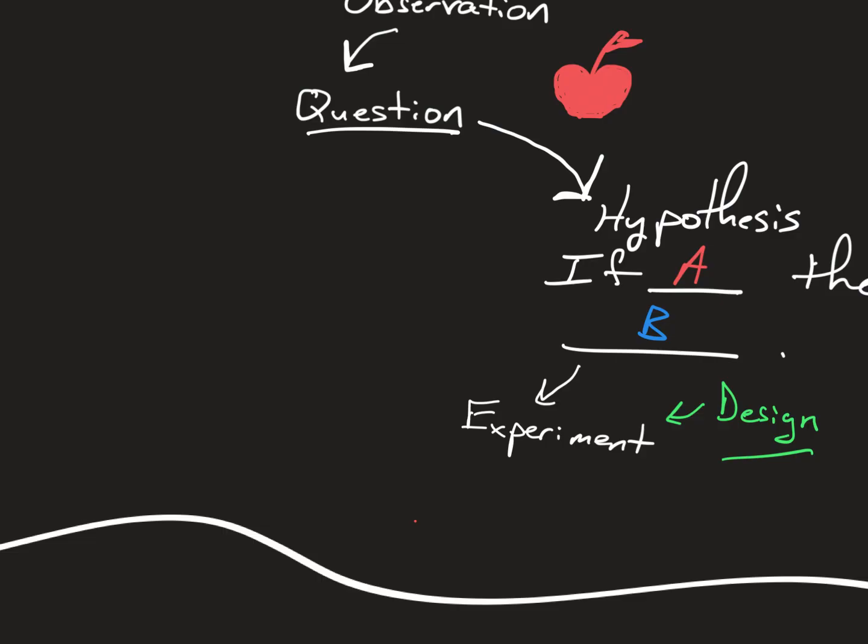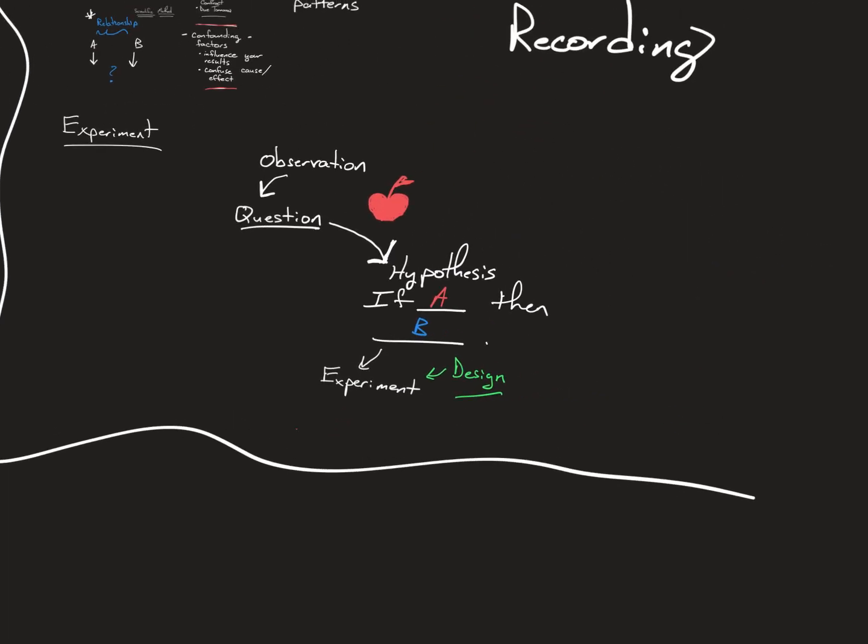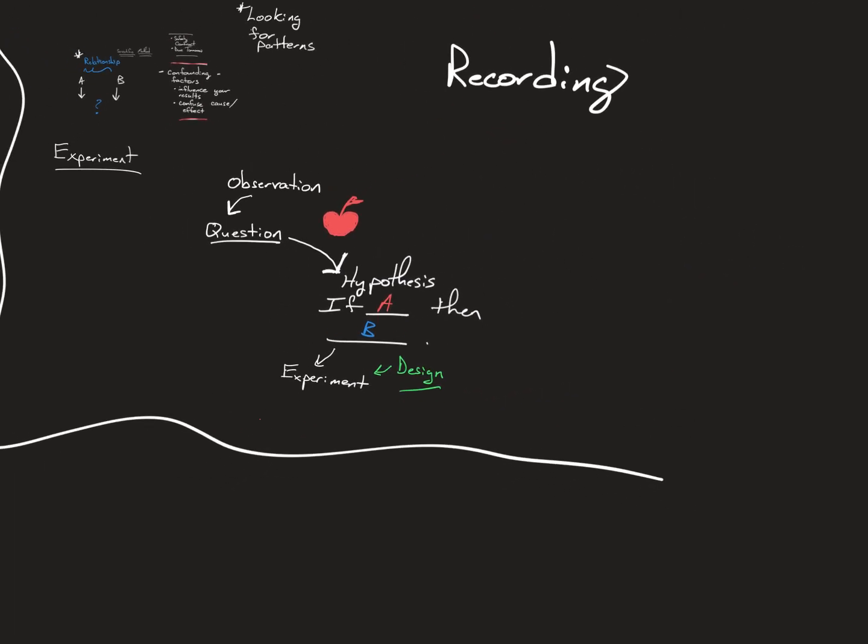It won't be as simple as sunlight on plants. We're going to control the amount of sunlight the plants get. We're going to control the amount of water. It's going to have to do with salt concentration in the solution. So in any case, we're going to design an experiment. You're going to make sure all the other factors, as many as you can, are kept constant. The only one you're going to change is the salt concentration of the water. So let's talk a little bit about design, experimental design.